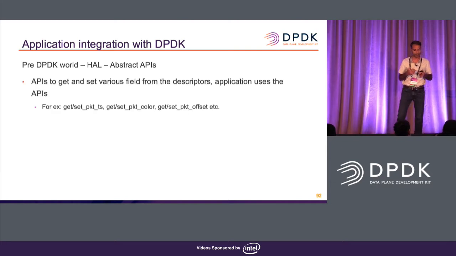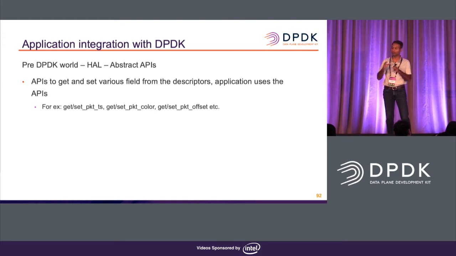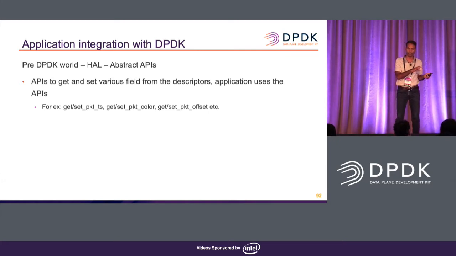So how does the hardware abstraction layer implemented using abstract APIs look? Here, APIs were created to get and set different fields from the descriptor. This was the approach followed in ODP, which is another project to provide similar capabilities to DPDK. The hardware abstraction layer would implement those APIs, and the application is written to those APIs.